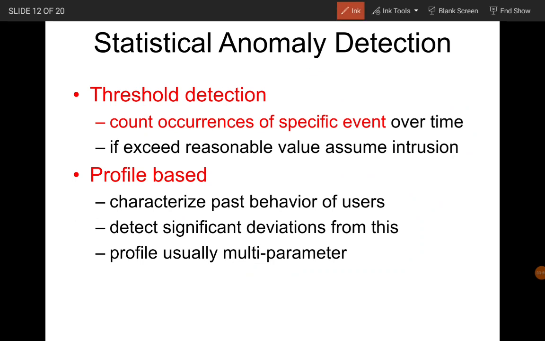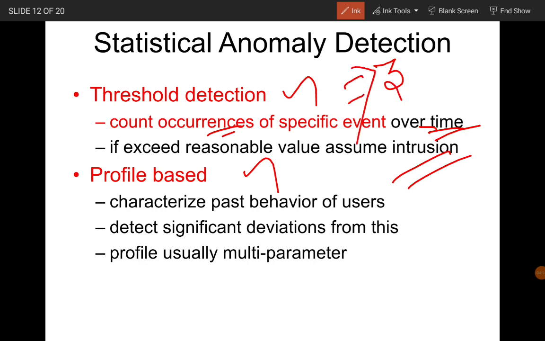Under statistical anomaly detection, we have threshold detection as well as profile-based detection. In threshold detection, for every event, we can give a maximum occurrence over time. If this value is exceeded, then we can assume it as intrusion. For example, to open the file on a particular day, I can set the value to 3.